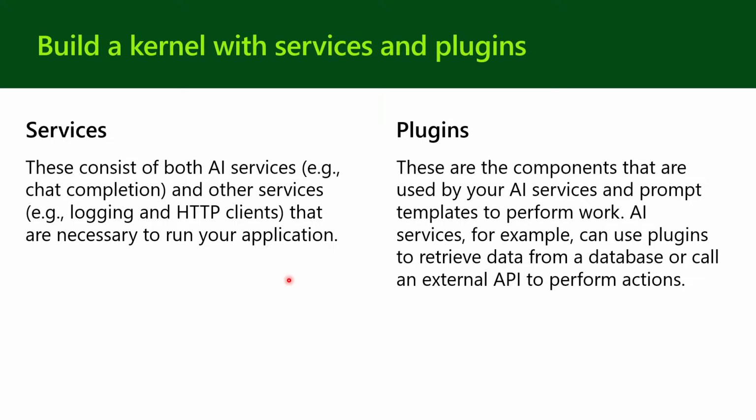These are the services which are necessary to run your application. Plugins are the components that are used by your AI services and prompt templates to perform the work on behalf of you. We already talked about them. Retrieve the data from the database, HR database, and so on and so forth.